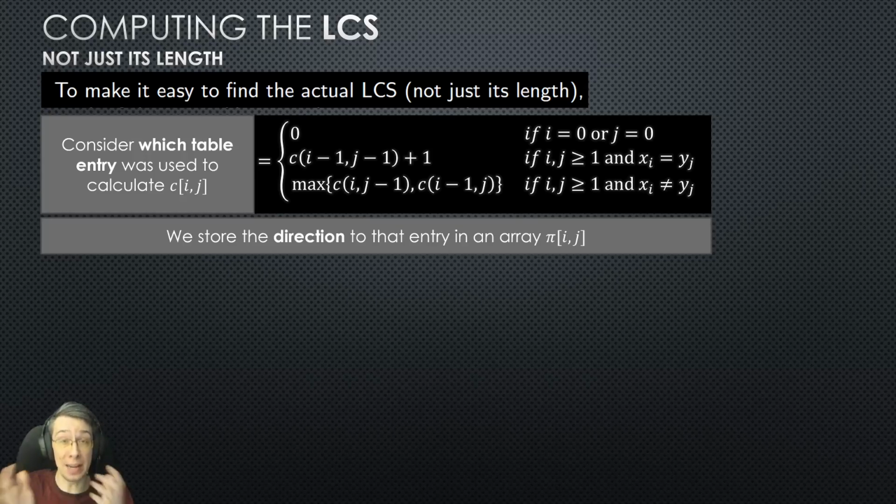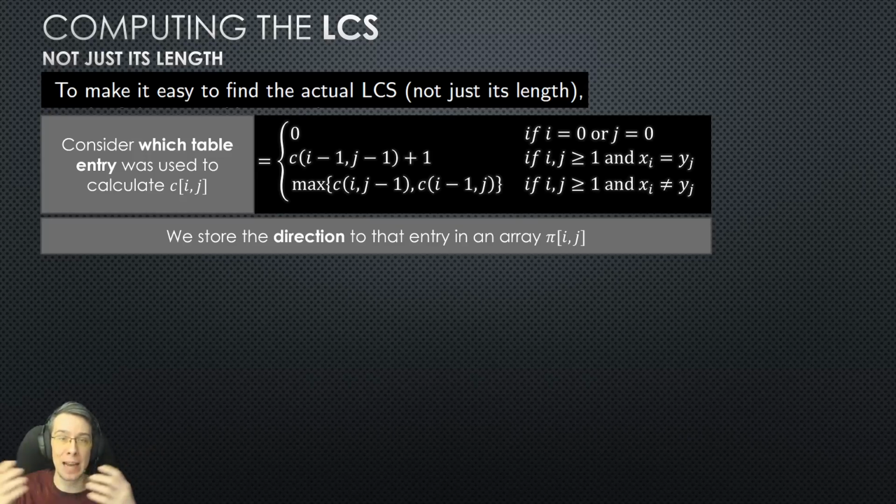And we're going to store extra information in this pi table, similarly to how we stored extra information in the coin changing problem or in the 0-1 knapsack problem, to help us backtrace from an optimal number to an optimal string itself.